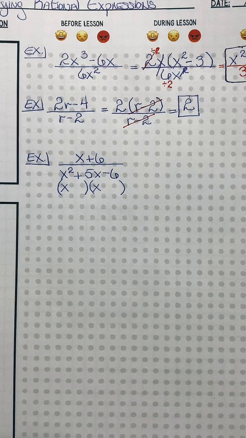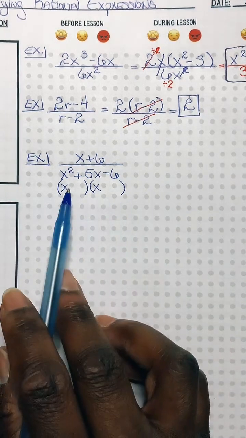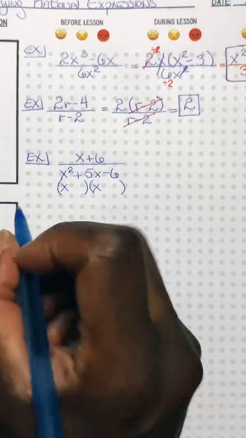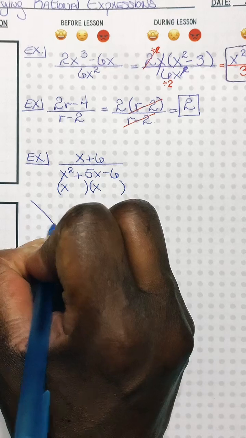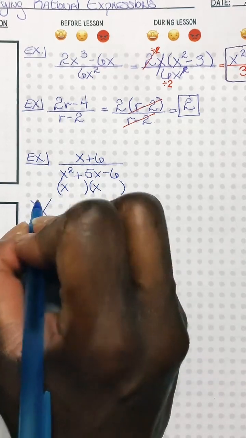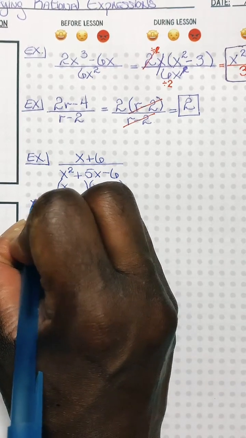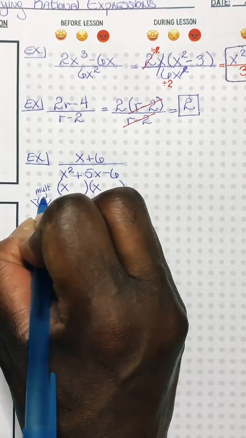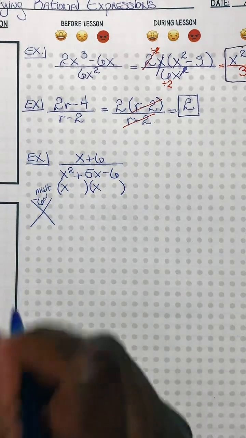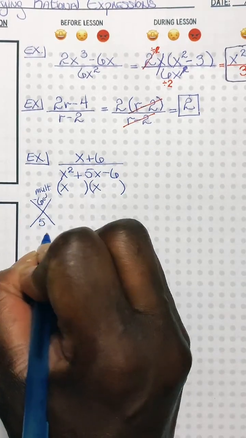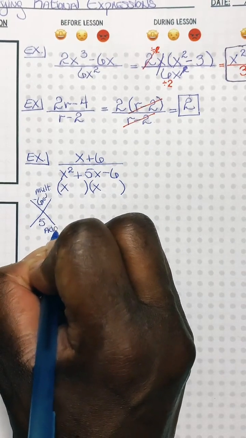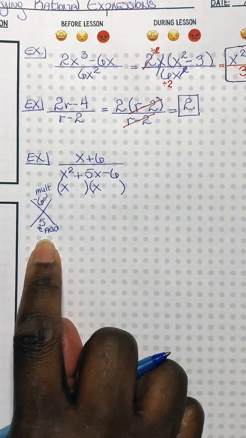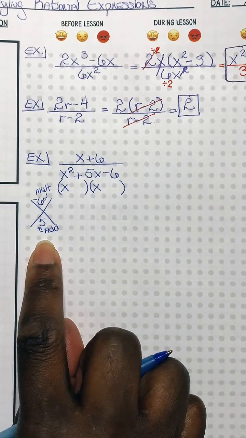All right, okay. So, now, this is the toughest part. The toughest part is I need to know what two numbers multiply will give me a -6 and add together to give me 5. This is the toughest part, okay?